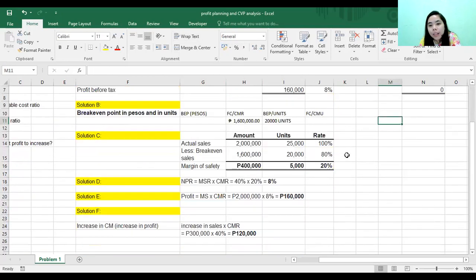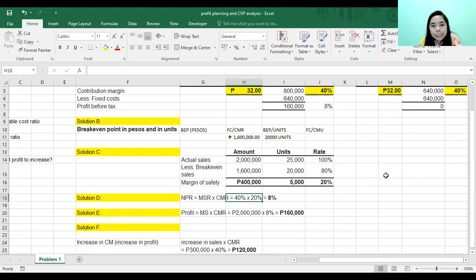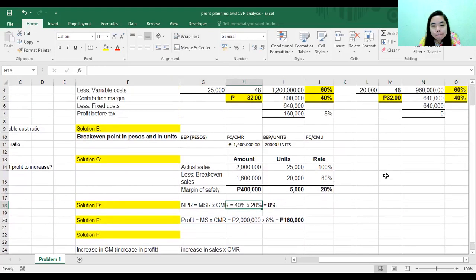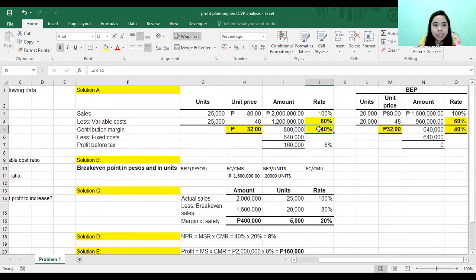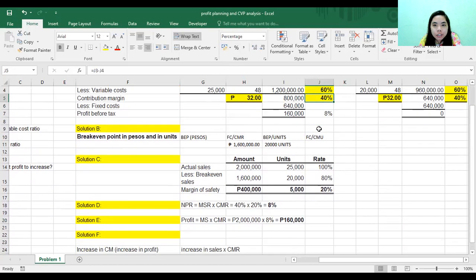How to explain this formula? Contribution margin is 40%, and 20% is your profit.